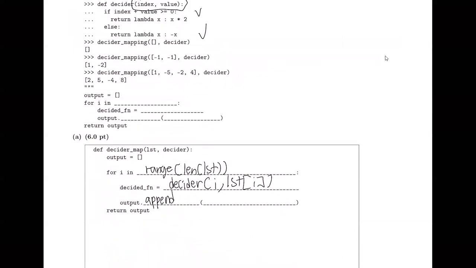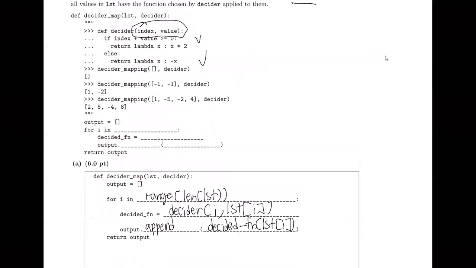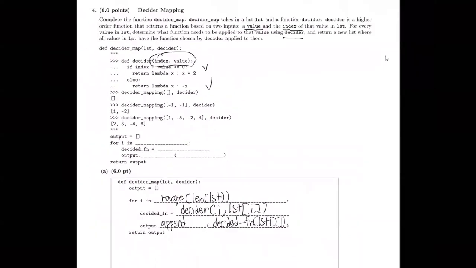So that's essentially all we need to do. We just need to apply decided function on our current value, which is, once again, list of i. And that's basically the entire problem. So good luck on the rest of the exam.